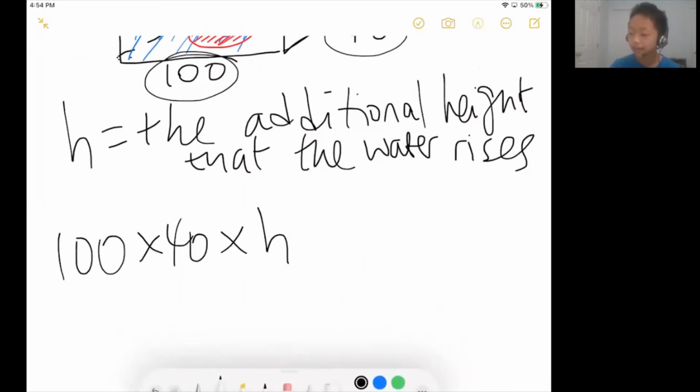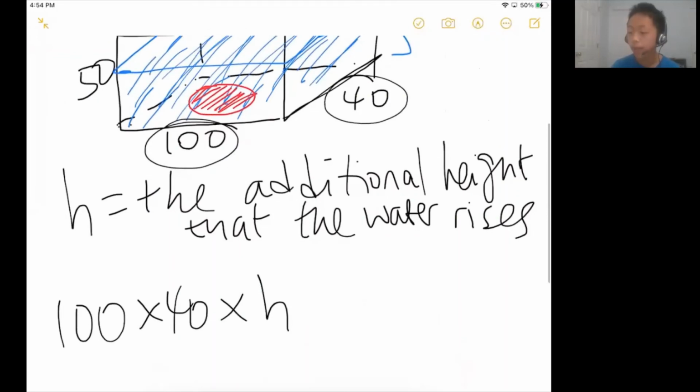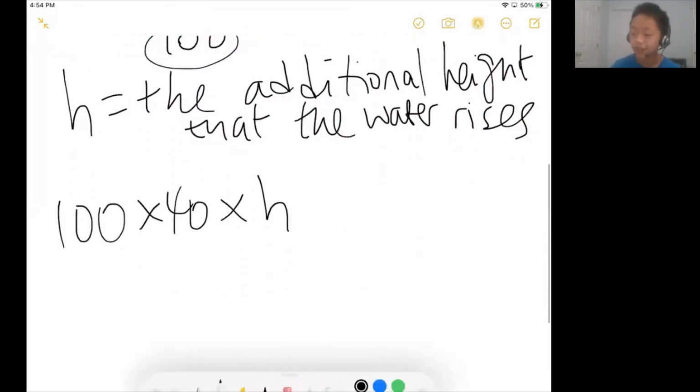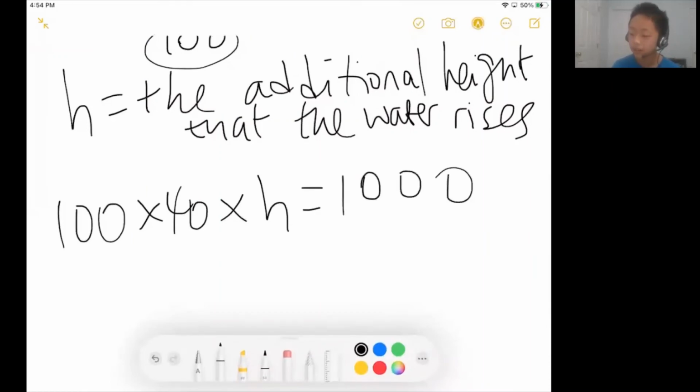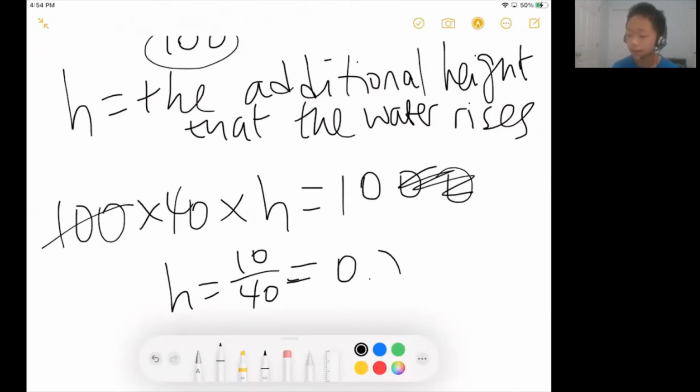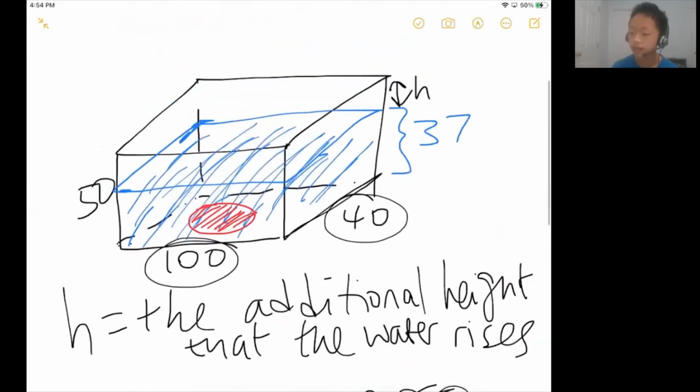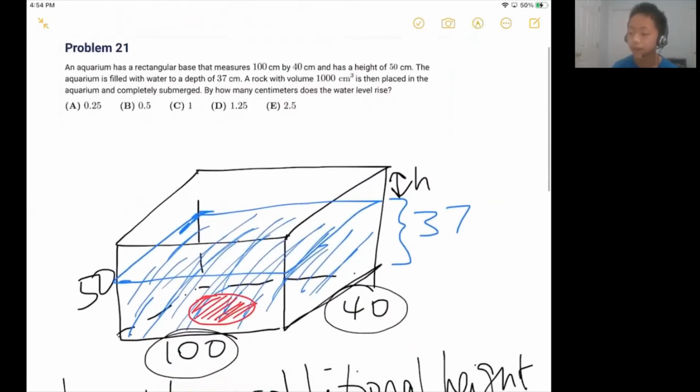And this has to match the 1,000 cubic centimeters that the rock occupies. So this has to equal 1,000. If we solve this equation, we divide both sides by 100 and cancel off two zeros. You get h is 10 over 40, which is 0.25 centimeters. And that corresponds to choice A. And yeah, we would be done.